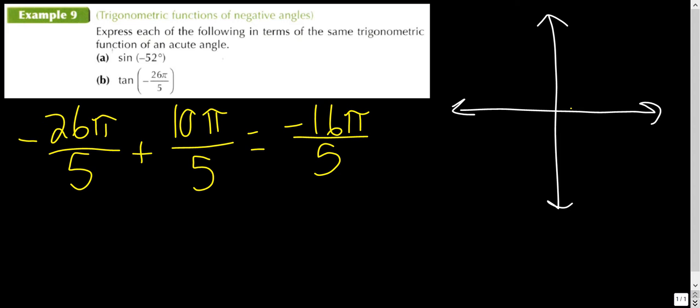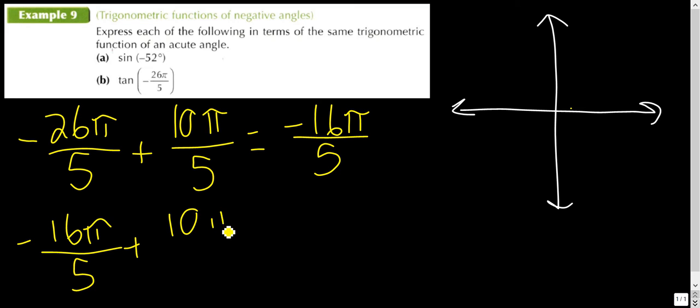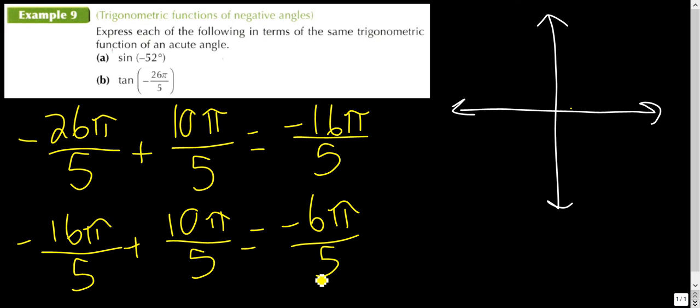Again, that is too big. That's too far from 0. So I'm going to do the same thing again and get negative 6 pi over 5. Okay, that is something I can deal with.